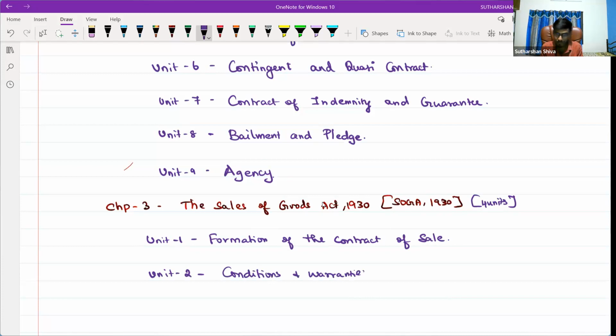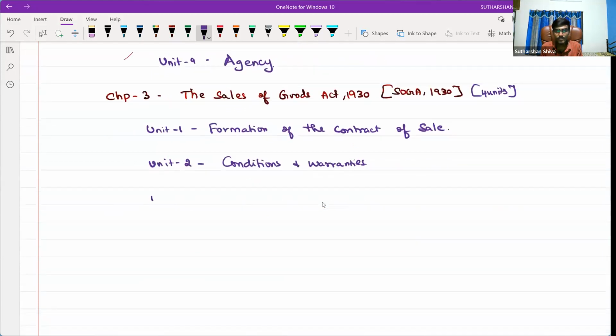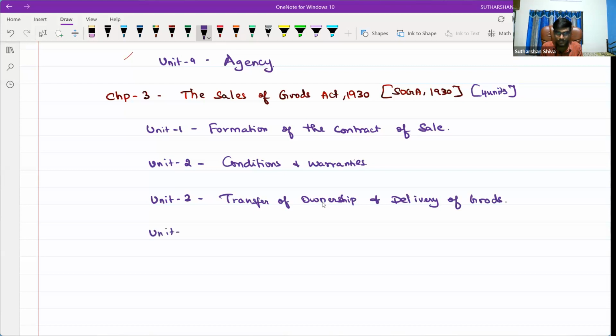The third unit is based on transfer of ownership and delivery of goods. The final unit, unit 4, is based on the unpaid seller. These are the 4 units you are going to learn under chapter number 3.